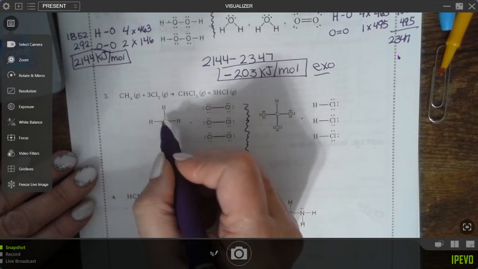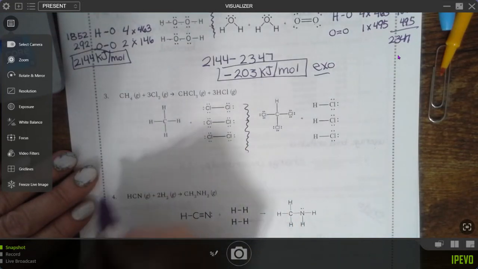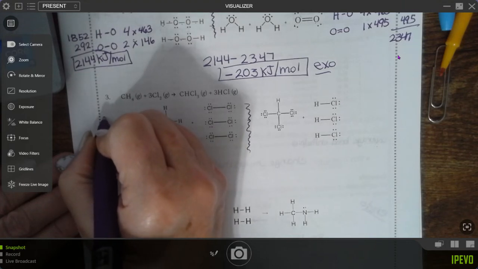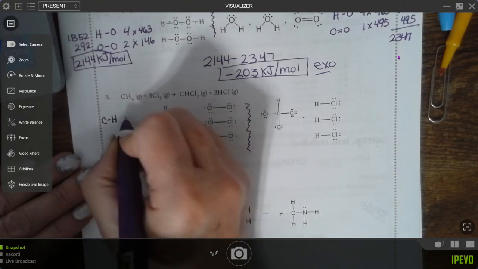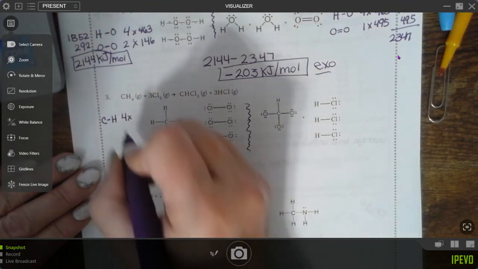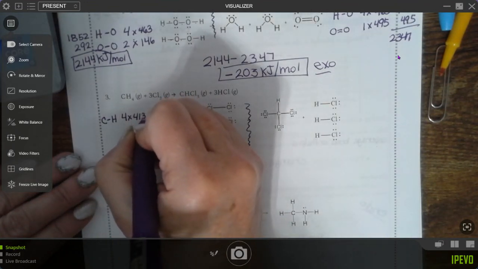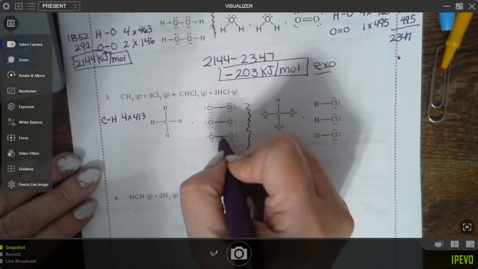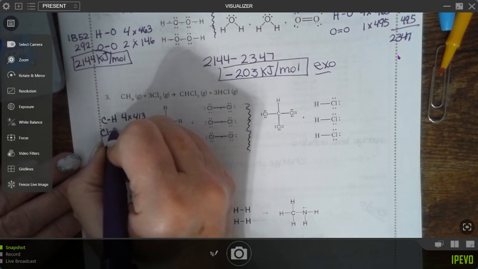So I have carbon-hydrogen bonds, 1, 2, 3, 4 of them. Carbon-hydrogen bonds, so 4 times, what's carbon-hydrogen? 413. Then I have 1, 2, 3 chlorine-chlorine bonds.